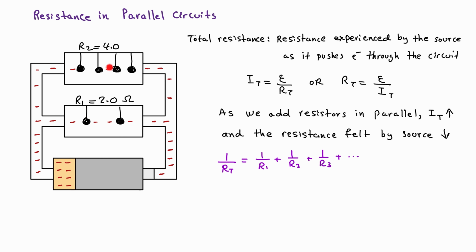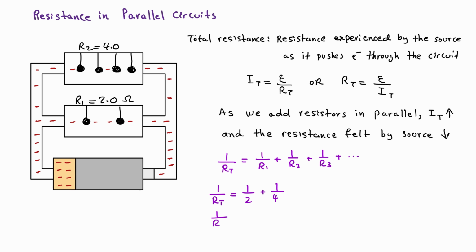So in this specific case, I have two different resistors. So I'm going to say 1 over the total resistance is equal to 1 over my resistance 1, which is 2 ohms, plus 1 over my resistance 2, which is 4 ohms.